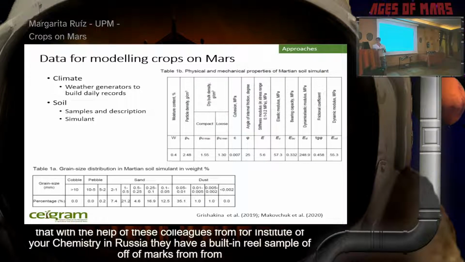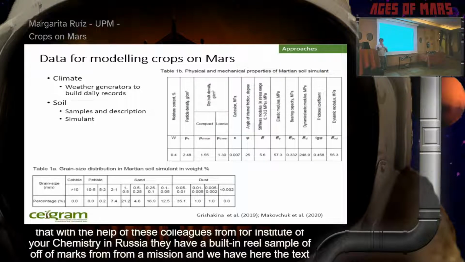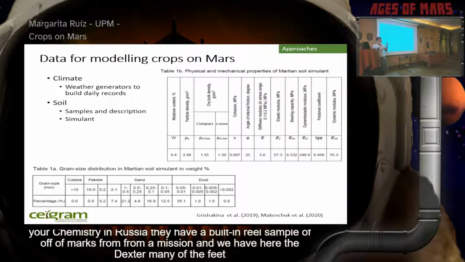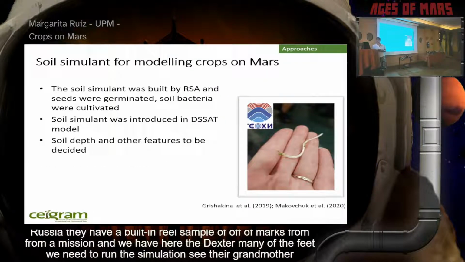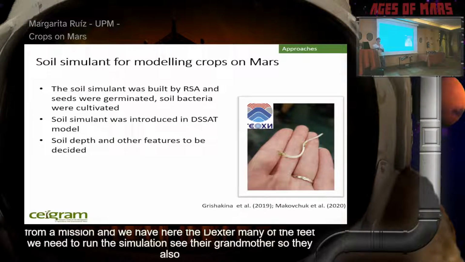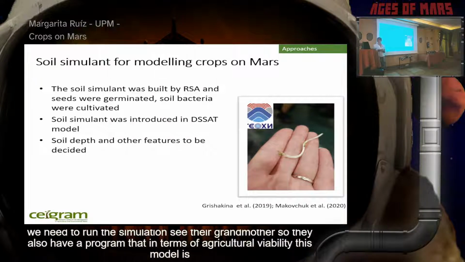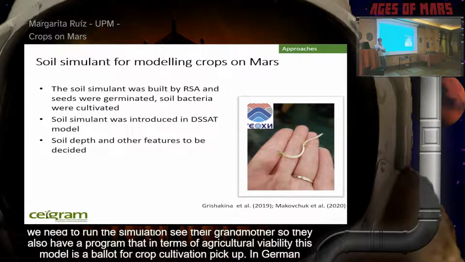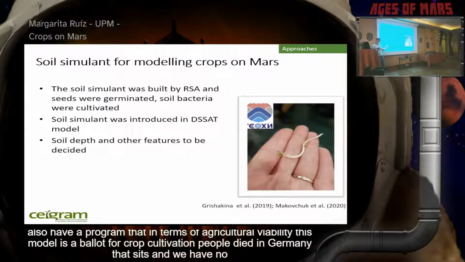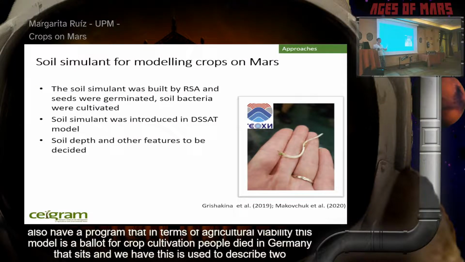And we have here the texture and many of the features we need to run the simulations in the crop model. They also have proven that in terms of agricultural viability, this simulant is valid for crop cultivation, because they germinated seeds. And we have used this, described as input in our crop model.